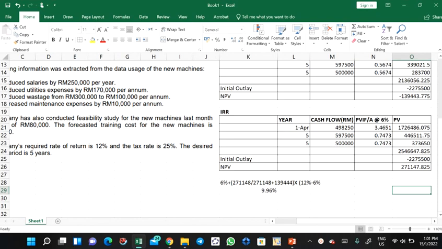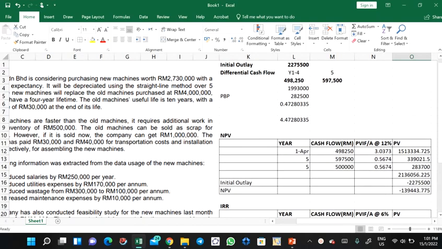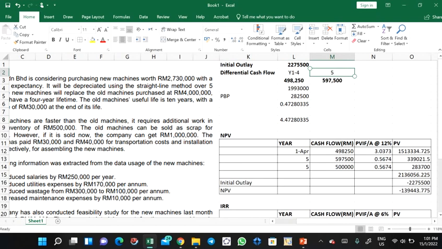But the IRR and NPV are negative, so the company should not buy the new machine. And if you look, the payback period is also almost near to 5 years. So we advise it to reject. So that's all for IRR and NPV.